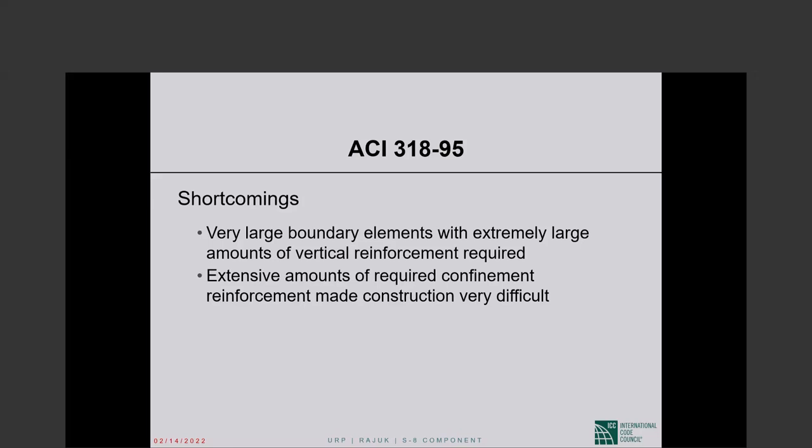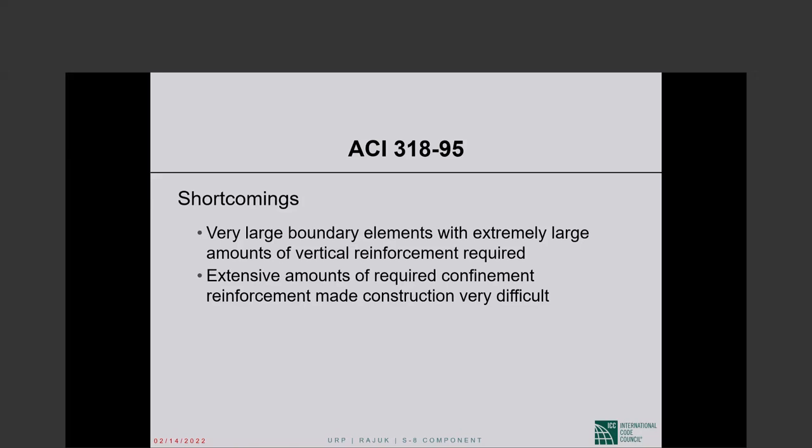So all that transverse reinforcement has to be provided. In the case of a column, it is provided over the potential plastic hinge range. In the case of a shear wall, it had to be provided over the length of the shear wall, at the end of which the combined compression due to P sub u and M sub u goes down to 15% of F sub C prime.